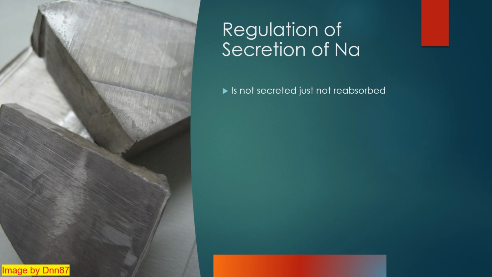How do you regulate the secretion of sodium? You don't. The thing is we're worried about reabsorption of sodium, right? So we're already getting tons of sodium into the pee by filtration, right? Put it to you this way. You're peeing out 4% of all the sodium in your blood every minute if you don't lift a finger, right?